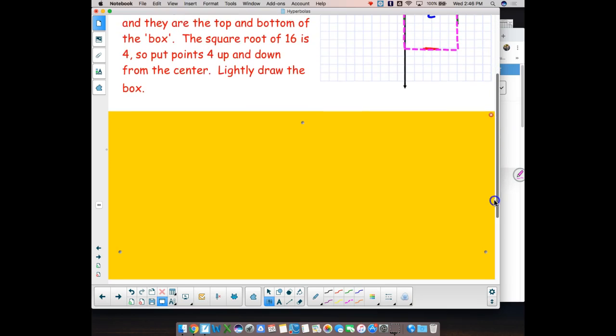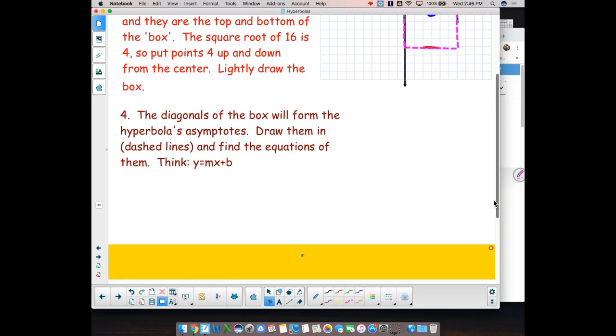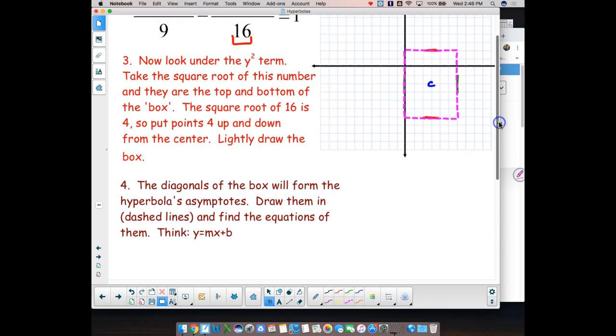So, let's go on to the next step. Step number 4 says I need to form the diagonals of the box because that's going to give me my hyperbola's asymptotes. Okay? So I'm going to draw in the diagonals of said box.